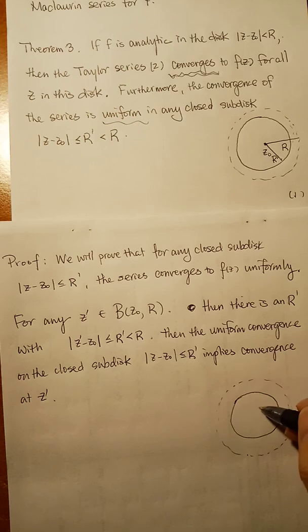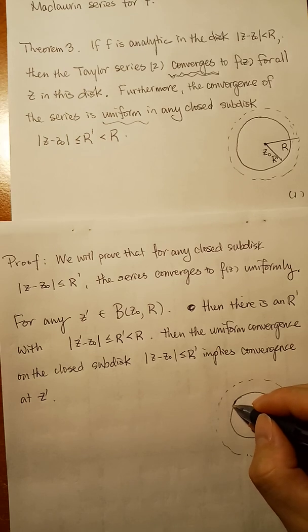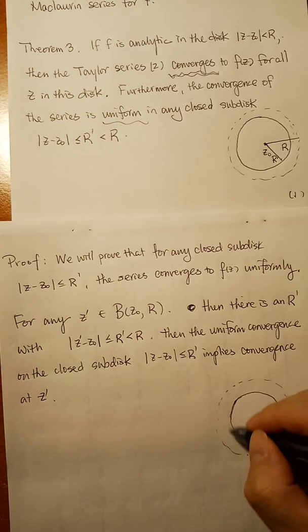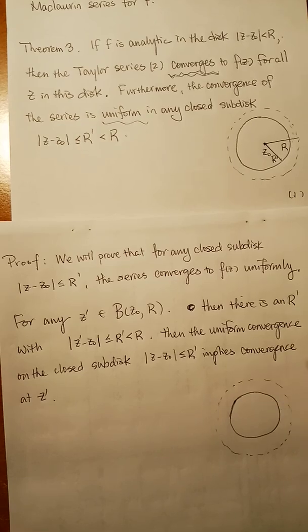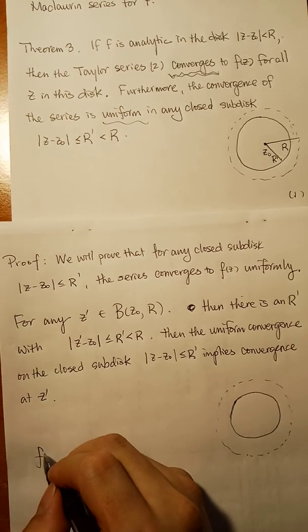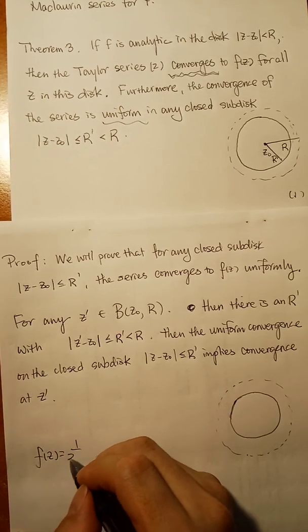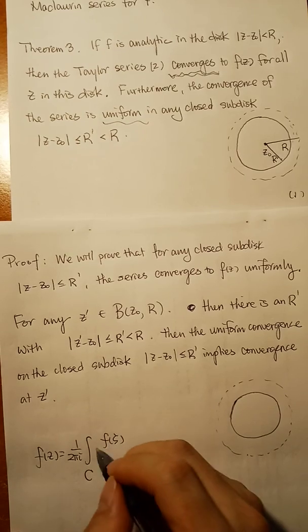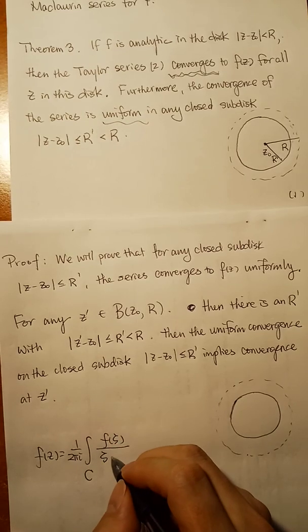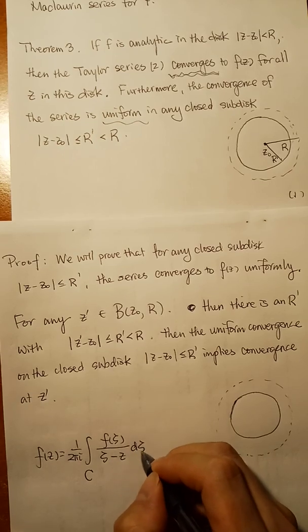So when you try to apply the Cauchy integral formula, you cannot use the boundary, because then the function is not well defined on the boundary. Remember that f of z is 1 over 2 pi i, integral over c of f of theta over theta minus z d theta.